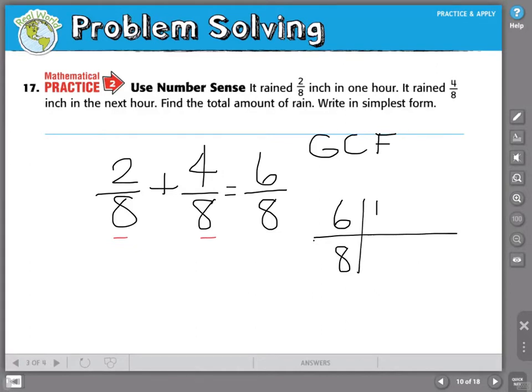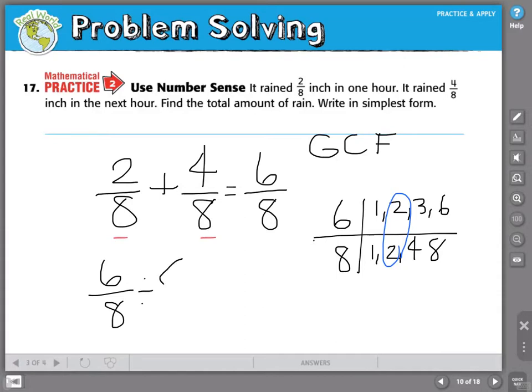Factors of 6 include 1, 2, 3, and 6. Factors of 8 are 1, 2, 4, and 8. The greatest common factor is 2. So I'm going to take 6/8. I'm going to divide by my big 1.